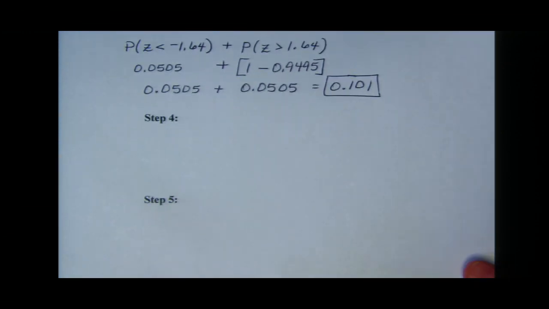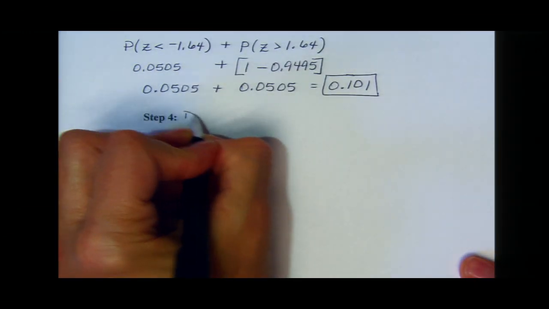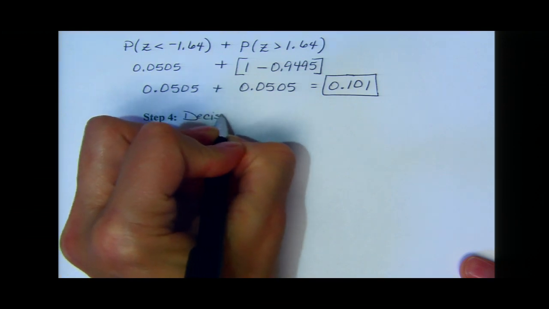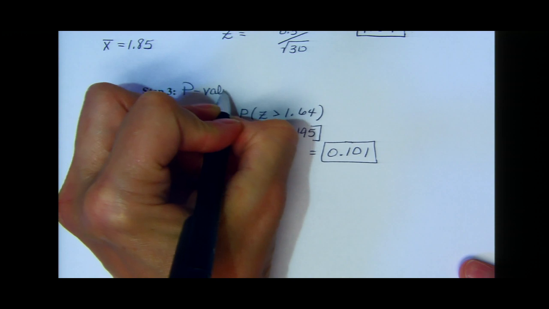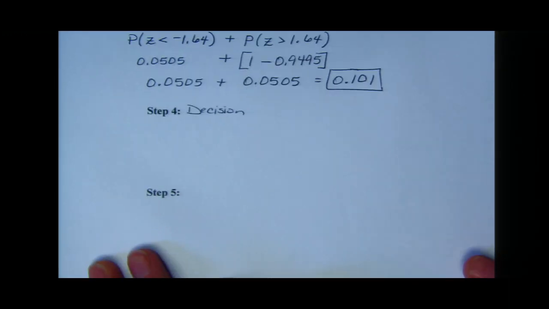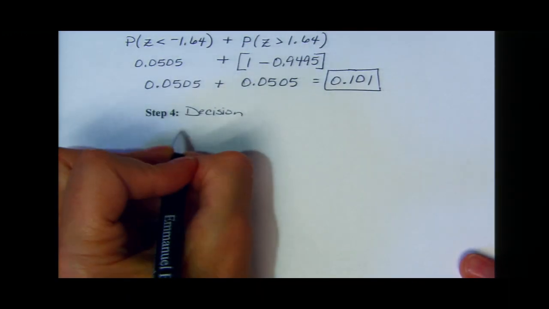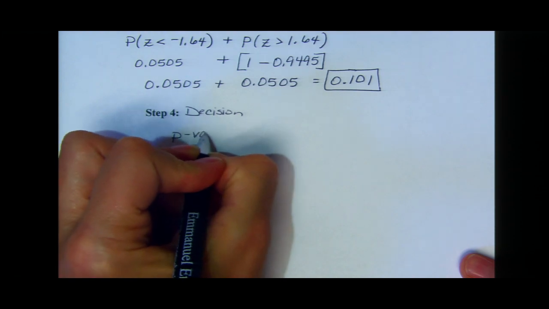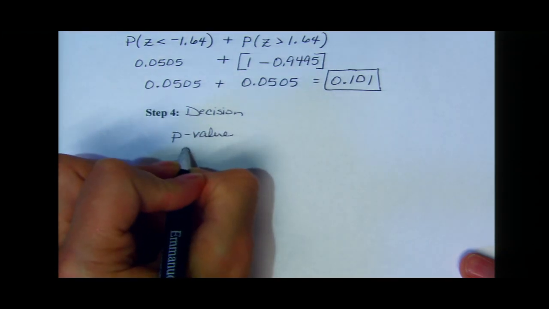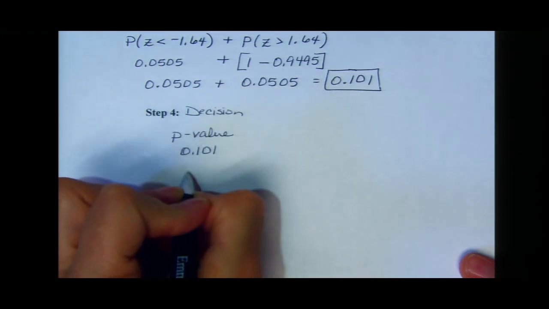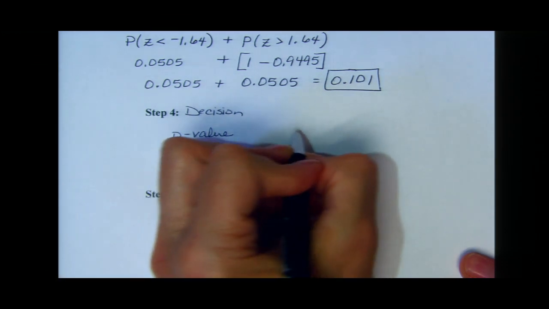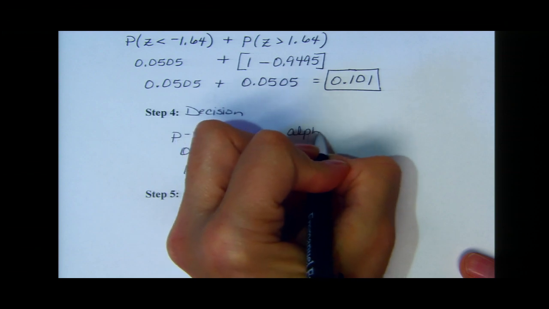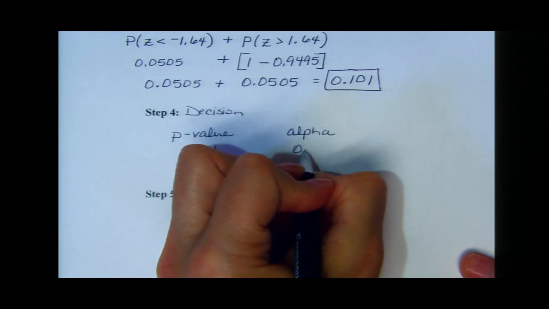All right, so now in step 4, which is when we make our decision, this was finding the p-value. We are going to compare the p-value 0.101, which as a percentage would be 10.1%, to alpha, which is 0.05.